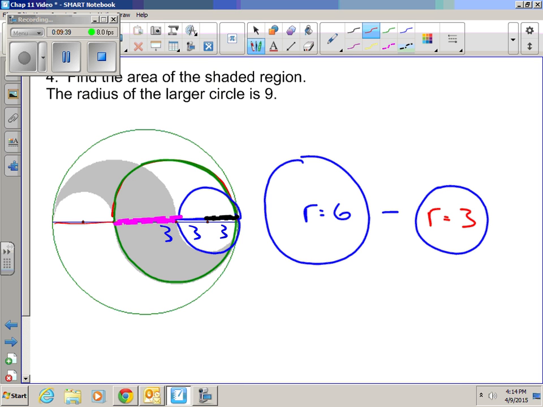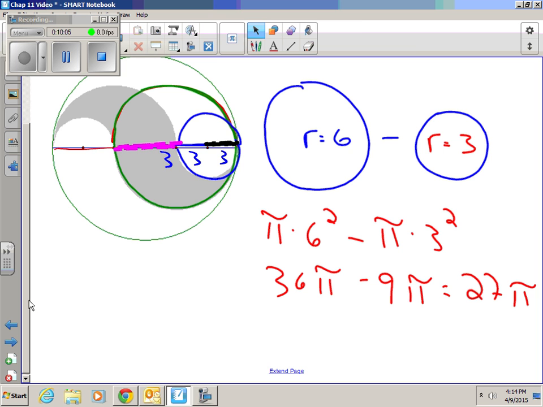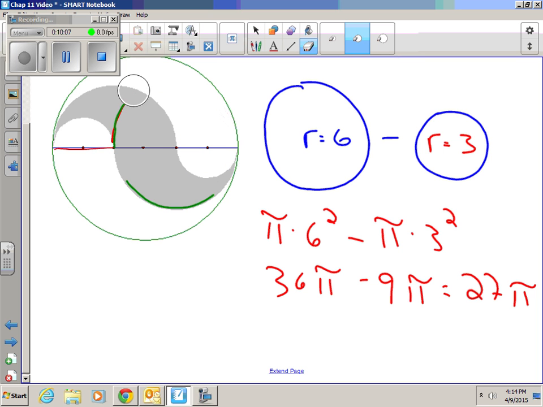So the area of my shaded figure is the area of the big circle, pi r squared, r was 6, minus the area of the little circle, pi r squared, r was 3. So this becomes 36 pi minus 9 pi, which equals 27 pi. And that is the area of our shaded region that we see right here.